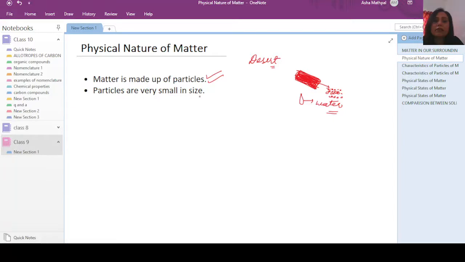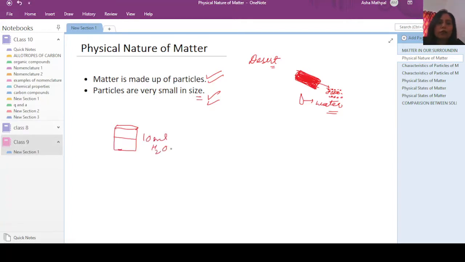Now the particles are very small in size. How can we say that these particles which make up matter are very small in size? For that you can do a very simple experiment. In a beaker you can take, let us say, 10 ml of water.